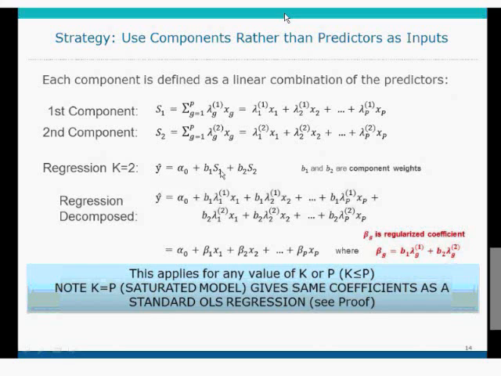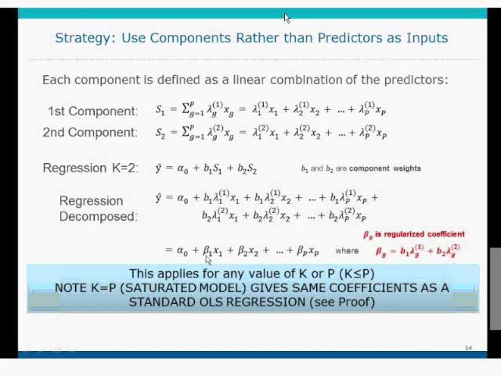Now, how do we get back to getting the coefficients for the original predictors? Well, it turns out to be very easy. If we just substitute this equation here in place of S1, and this equation here in place of S2, and regroup the terms, we can re-express this in terms of the original predictors, where the regression coefficient for x1 is b1 times lambda 1,1 plus b2 times lambda 1,2.